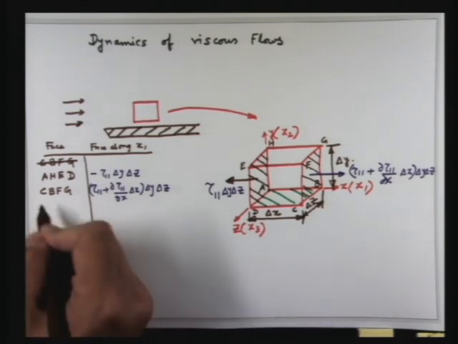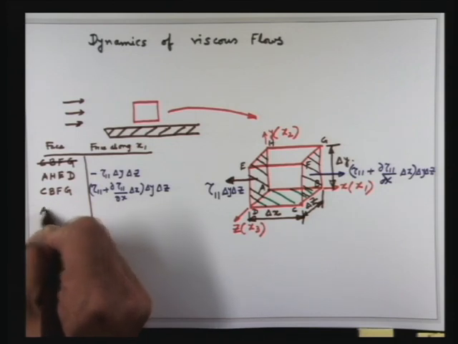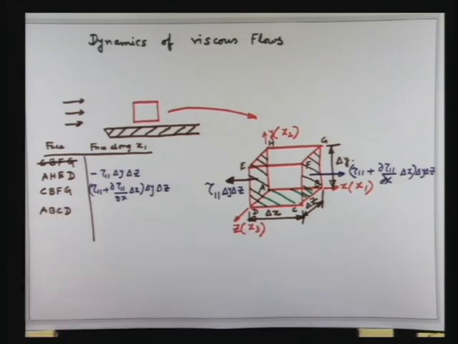The name of this face is ABCD. So for this particular face, we are interested in the force along the x1 direction, either positive x1 or negative x1, but x1 direction. So force along x1 direction.